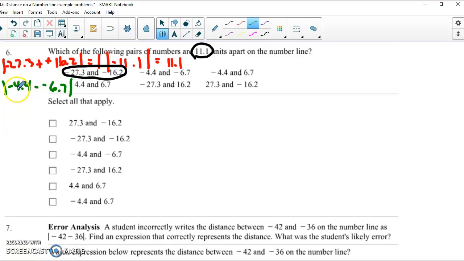So since I'm subtracting with negatives, I'm going to do same, change, change. So I keep -4 4/10 the same, and then I change the minus to a plus, and the negative to a positive. So now I have a negative and a positive that I'm adding. So my rule says different signs, find the difference. So I'm actually going to subtract these, and then my larger number takes the sign.